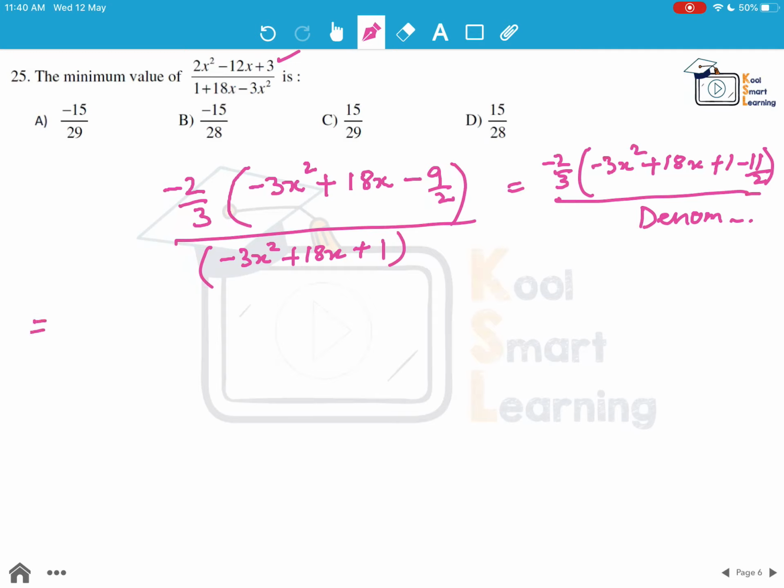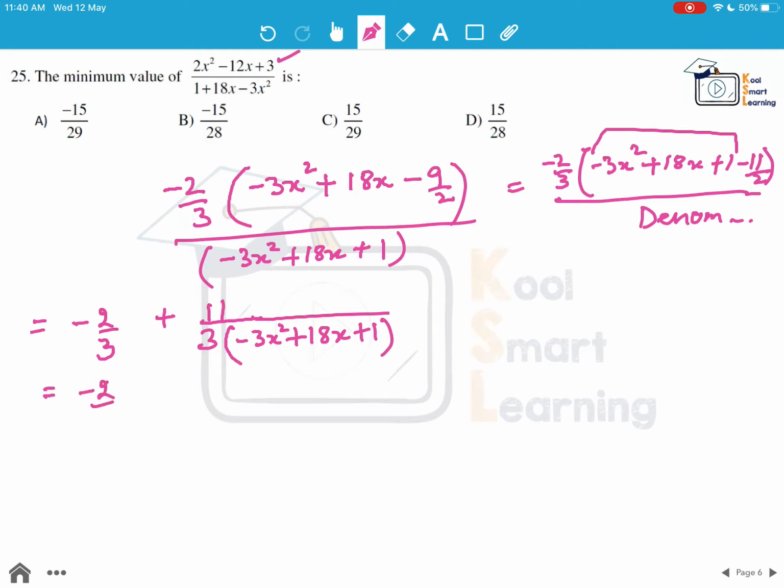So now if we simplify, this part is same as the denominator, so this comes out to be minus 2 by 3 plus 11 by 3, and here we have the denominator. Right, we've just simplified it, doing whatever calculations, multiplication and division were required, so as to get the simplified version of the given expression.